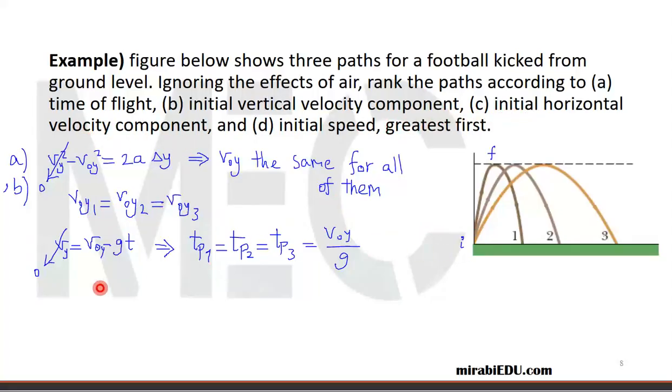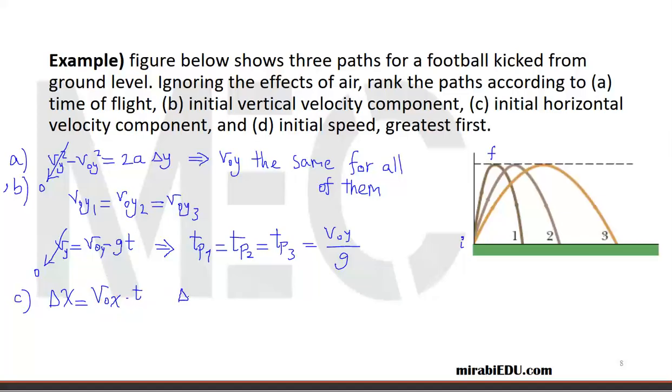Now, in the horizontal component, we can say delta x is equal to V0x times t. Now, t is the same for all of them. Delta x for projectile 3 is the greatest, and therefore the horizontal component of the initial velocity for projectile 3 must be greatest.